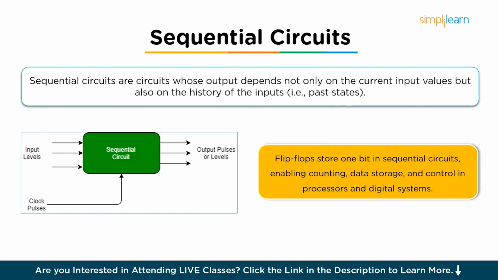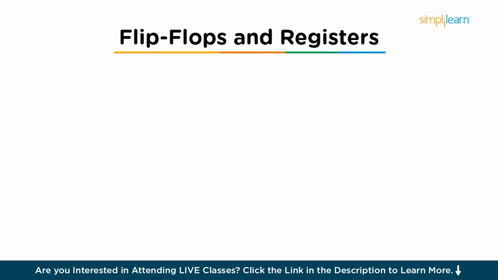So the most fundamental type of memory element in sequential circuits is called a flip-flop, which can store a single bit of data. Sequential circuits are used for tasks such as counting, data storage, and state machines, which are critical in processors, memory devices, and other digital systems. So what are the flip-flops and the registers?